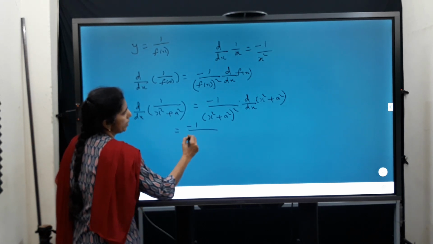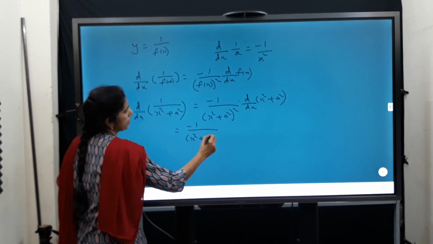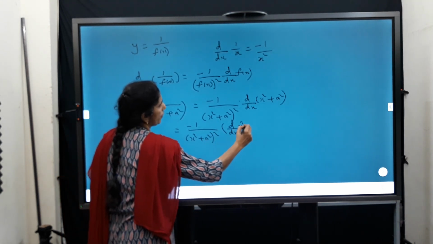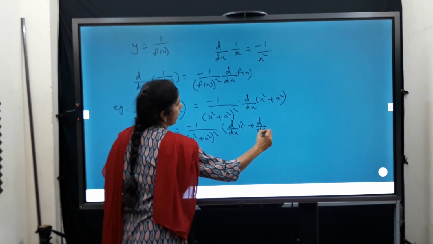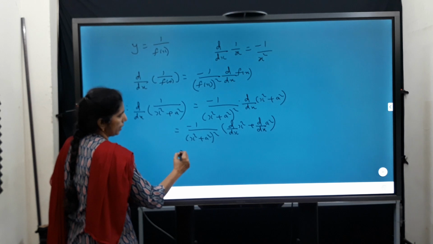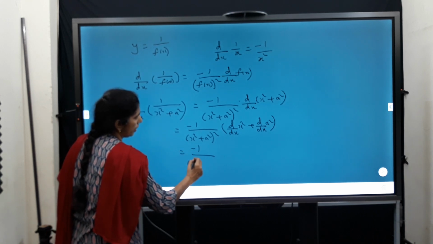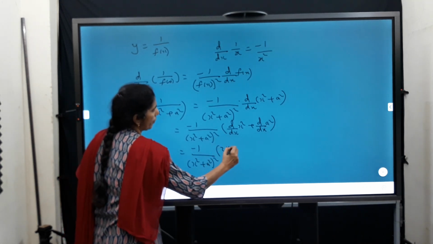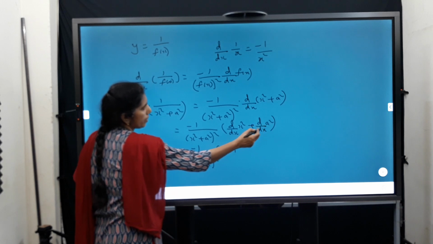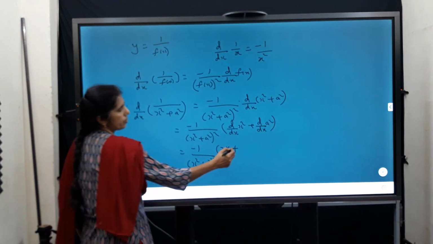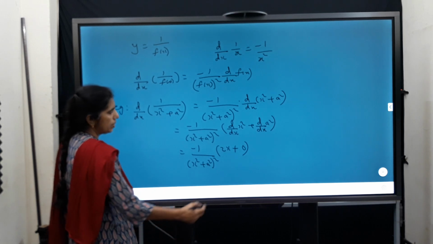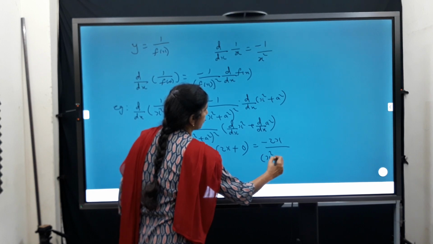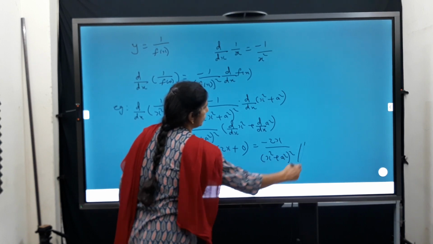That is minus 1 upon (x square plus a square) the whole square into d by dx of x square plus d by dx of a square. That is minus 1 upon (x square plus a square) the whole square into 2x, since d by dx of x square is 2x, and a is a constant, so a square is also a constant and its derivative is 0. So it is minus 2x upon (x square plus a square) the whole square.